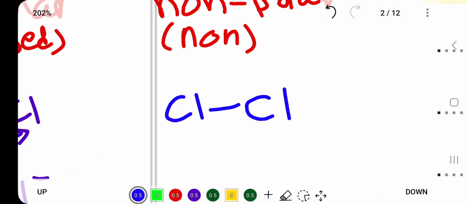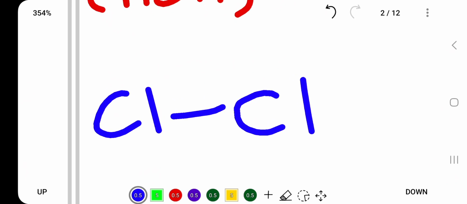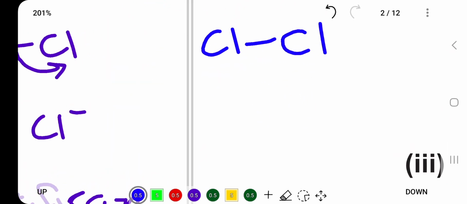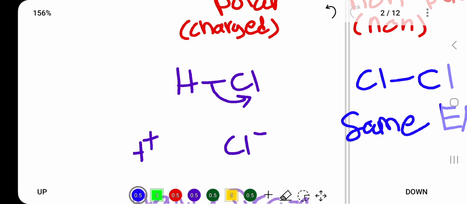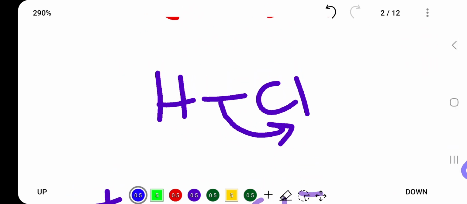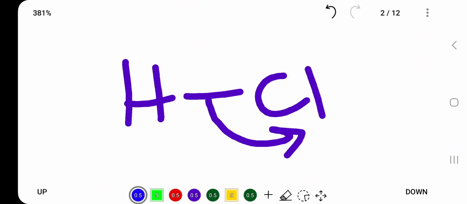Now, you'll notice that Cl and Cl, they're basically the same atoms, right? So, the key word is same electronegativity. So now you'll notice here Cl had higher electronegativity than hydrogen, so they did not have the same electronegativity.